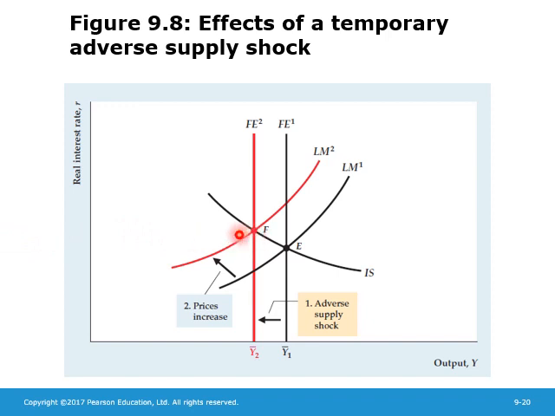It's actually higher at point F than point E. E is associated with a lower real interest rate. So the interest rate has increased while output has decreased. And we said that this happens because we got the equilibrium point F as an intersection between FE2 and IS when the LM shifts up and to the left due to the increase in the price level.